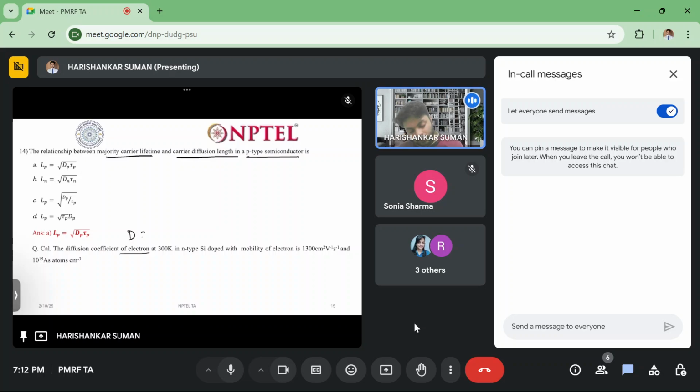You have to calculate D at 300 Kelvin in n-type silicon doped with the given mobility of electrons. This is the doping with silicon, so this is ND, doping 10 to the power 15 atoms per centimeter cube.